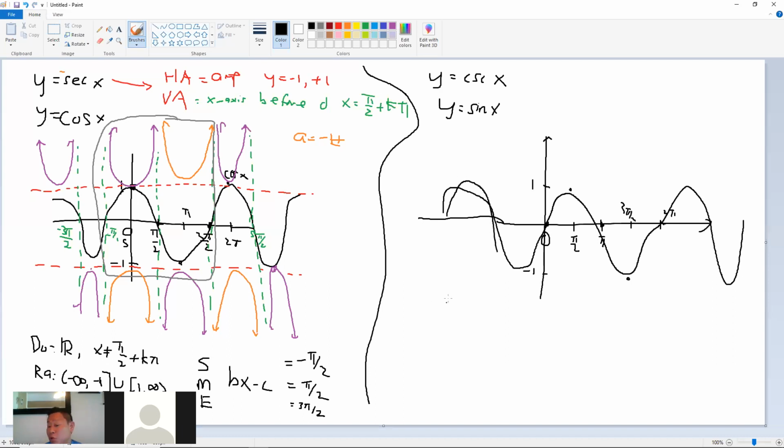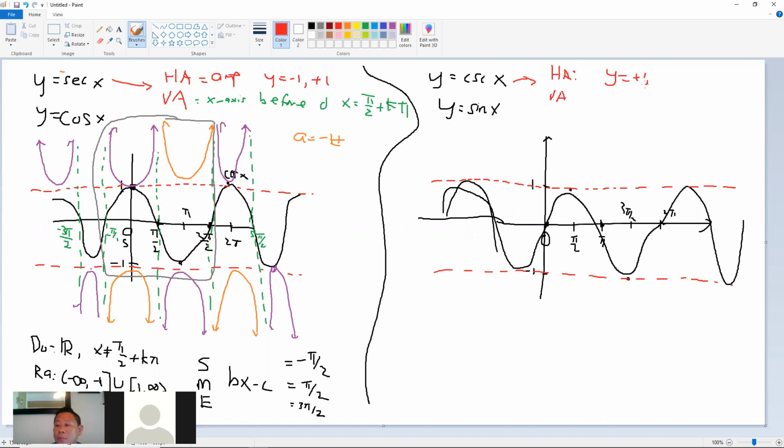So as usual, like the secant graph here, your cosecant graph has horizontal asymptotes and vertical asymptotes. And the horizontal asymptotes are bound at 1 and -1. So you will have horizontal asymptotes at -1 and 1.